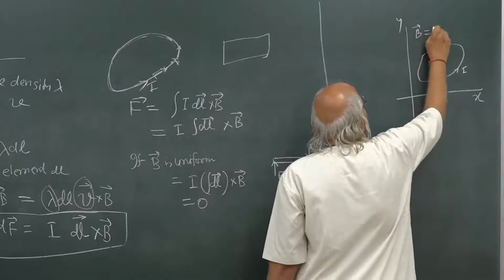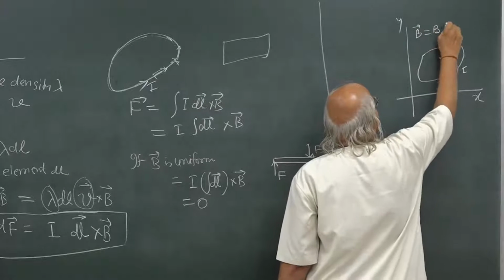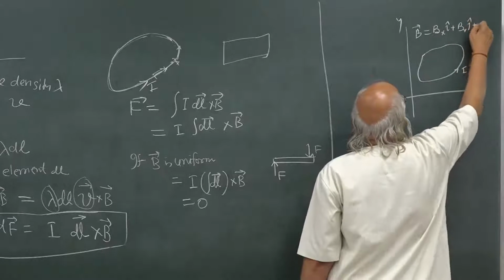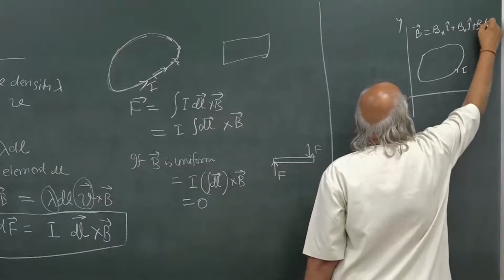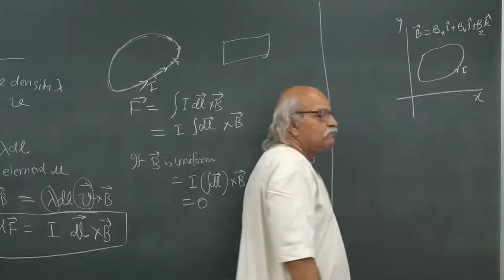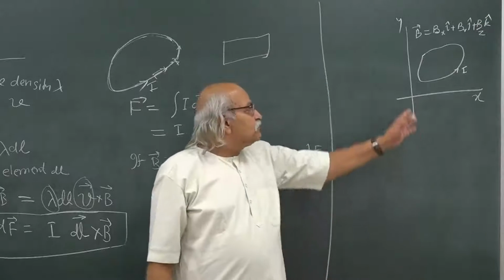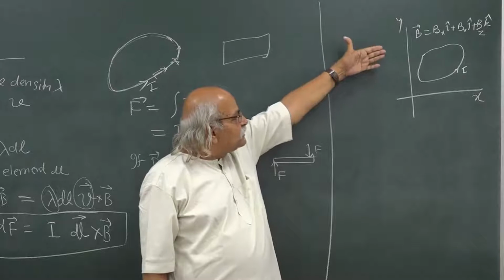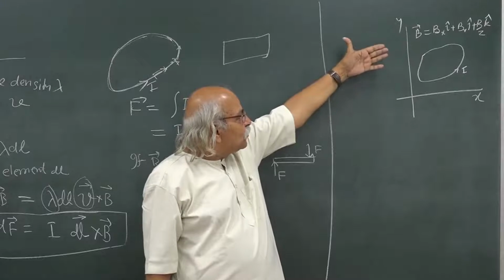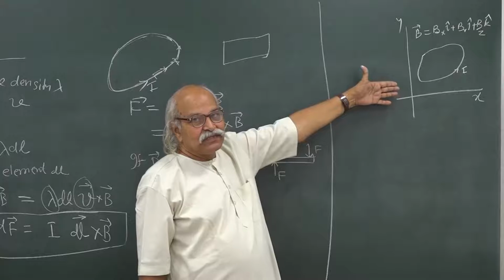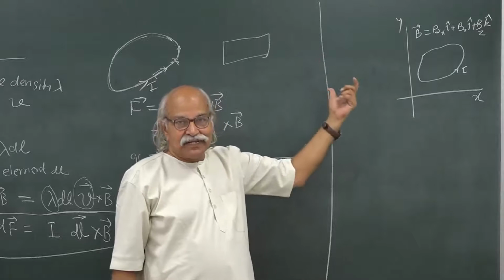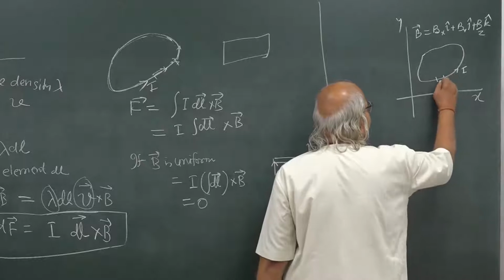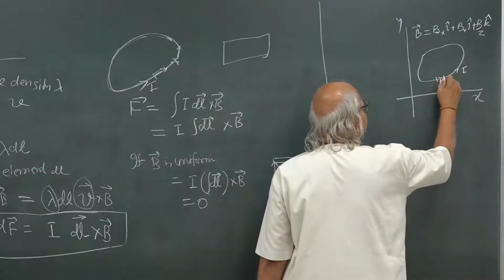B is say Bx i cap plus By j cap plus Bz k cap, and we want to calculate the torque by this magnetic field on this current loop. So again we will take some small dl and then start with there. So let us say this is our small dl.